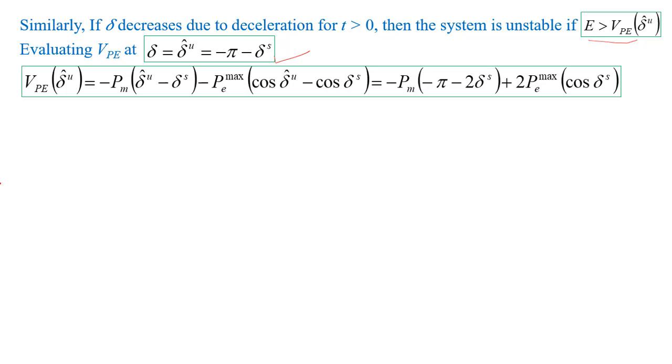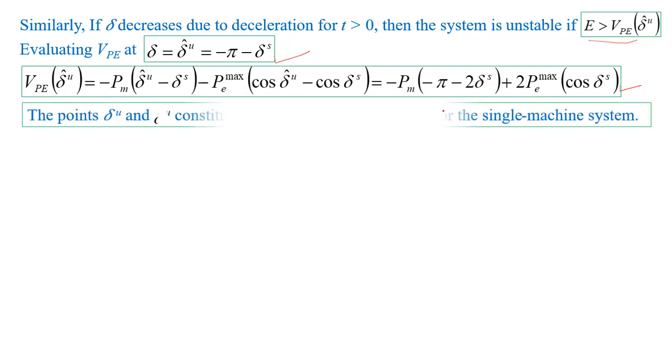So similarly, we can calculate VPE at delta U cap, and finally we'll get this expression: minus PM multiplied by minus pi minus 2 delta s, plus 2 P max cos delta s.